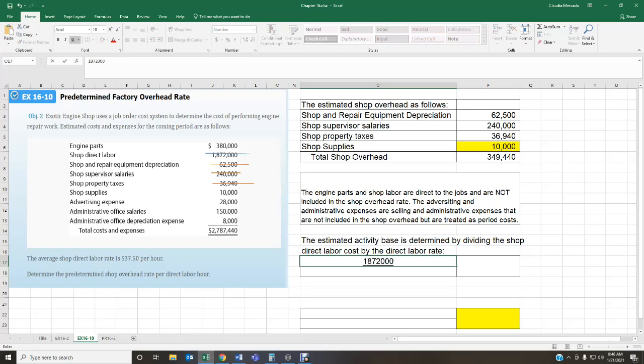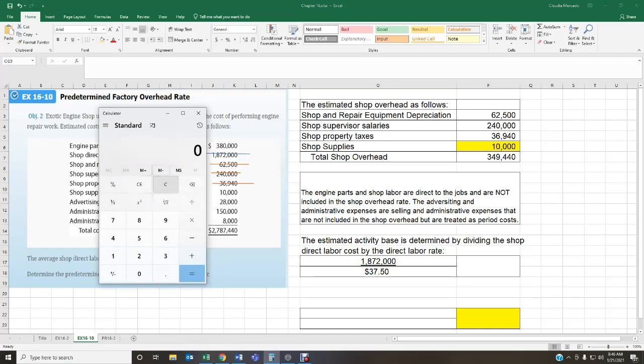I'm going to take 1,872,000 and divide that by my labor rate. According to the problem, your average labor rate is $37.50. So 1,872,000 divided by 37.50 gives me 49,920 hours.